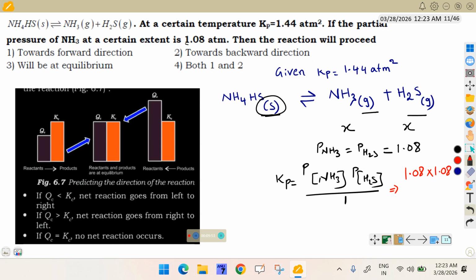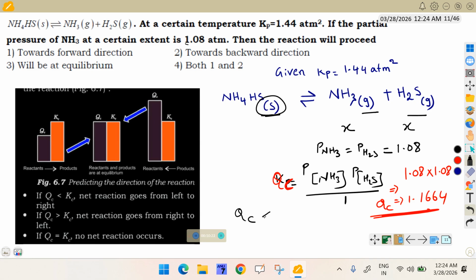Simplify: 1.08 into 1.08, then you will get 1.1664. Sorry, this is the QC value, not the KP value. QC value is equal to 1.1664.